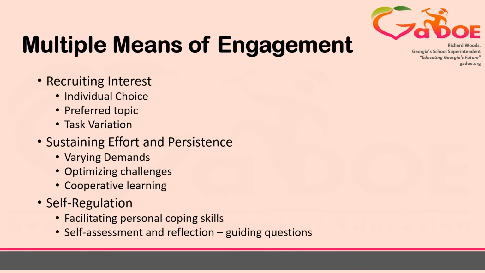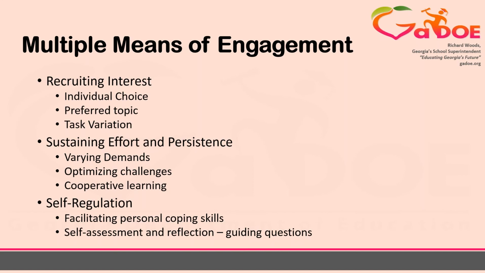Here are some examples of ways you can think about providing multiple means of engagement. In order to engage students, we need to be able to engage their interest. Some ways we might consider doing that can include providing them with choices of the topics and varying the tasks utilized in the lesson. We also need to provide ways for students to sustain their effort and persistence in completing tasks.